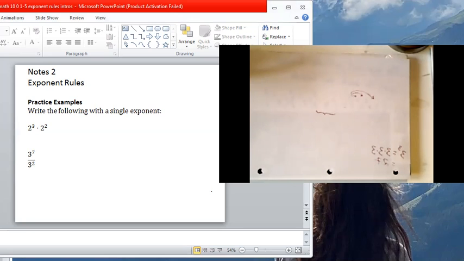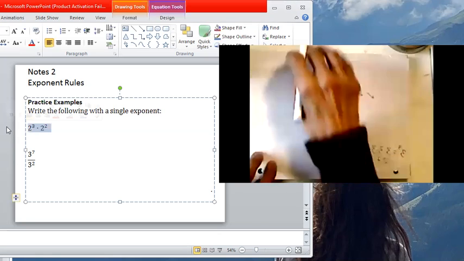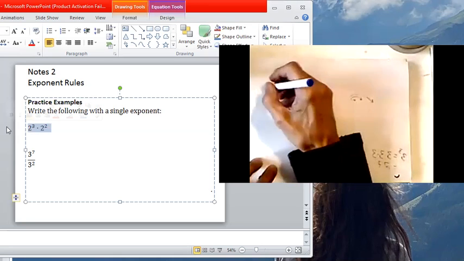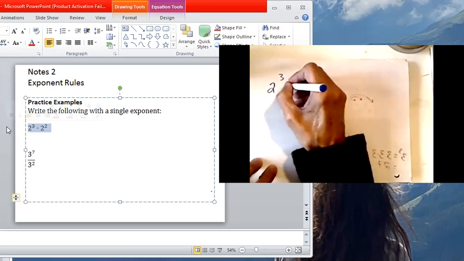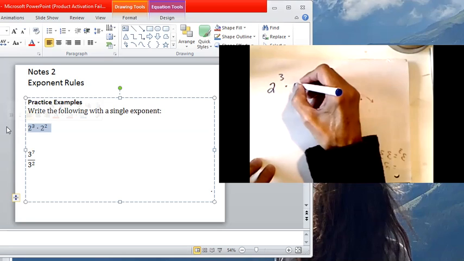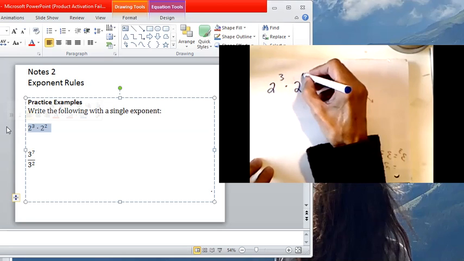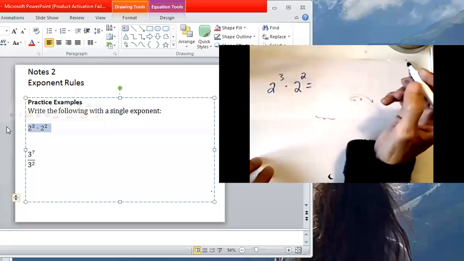Sorry, which question do you want? I'm looking at the screen here on the left. We have 2 to the 3 times 2 to the 2. So what is this going to work out to be? I think the paper is upside down. Okay, I got it. I hope not.